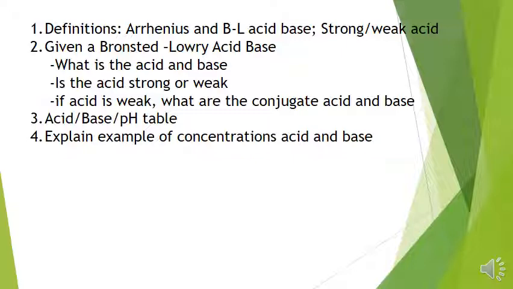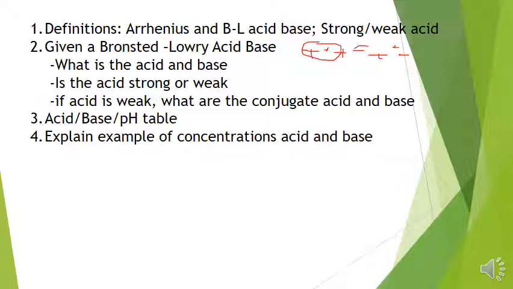If you're given a Bronsted-Lowry acid-base reaction, you'll be given the whole thing: something yields something. You have to tell me what the acid and base are on the reactant side. Which one gives off the H is the acid, which one takes the H is the base.